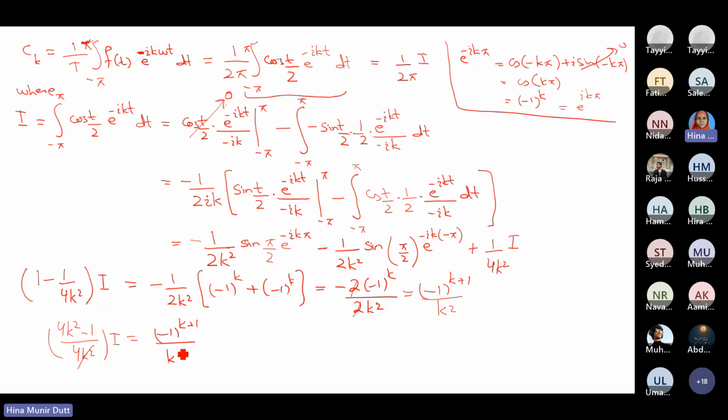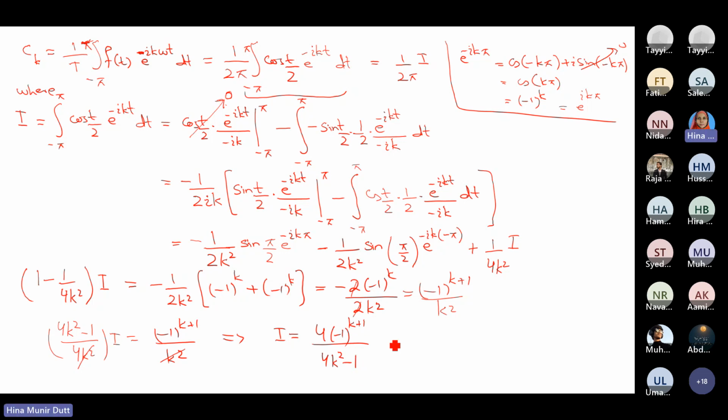So this k square is cancelled with this one. Keep I on that side, bring the rest here. So 4 into minus 1 to the power k plus 1 divided by 4k square minus 1. So this is my I.